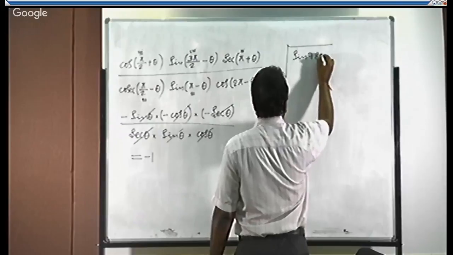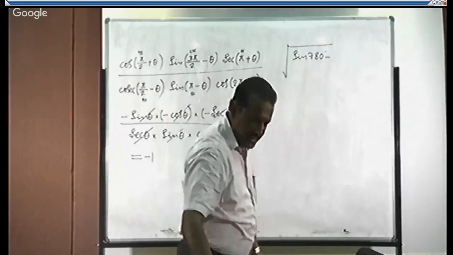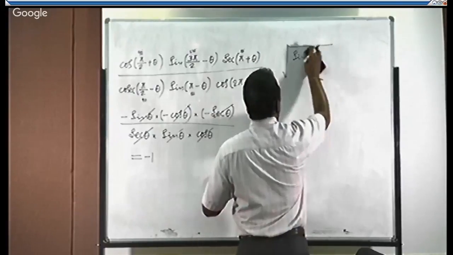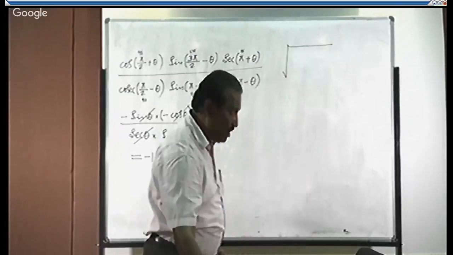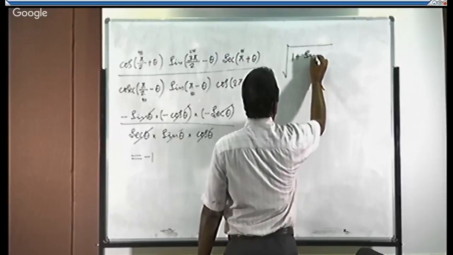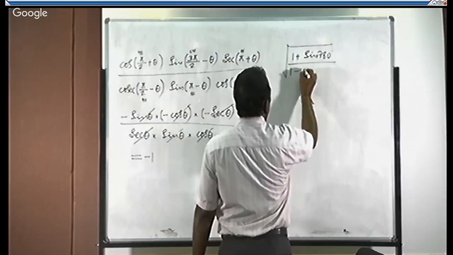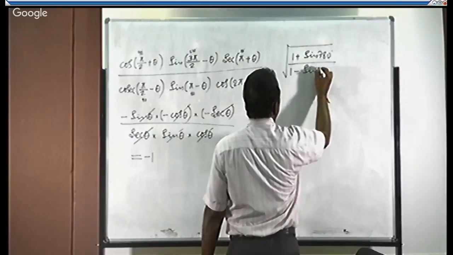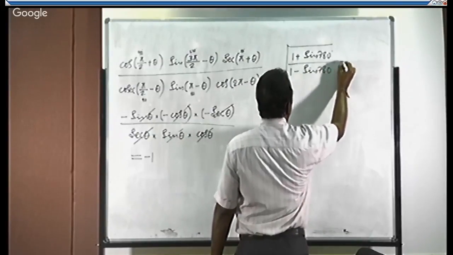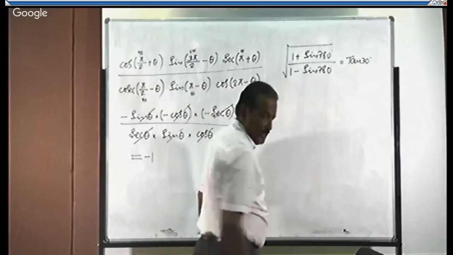Prove that square root of 1 plus sine 780 degree divided by 1 minus sine 780 degree is equal to tan 30 degree.